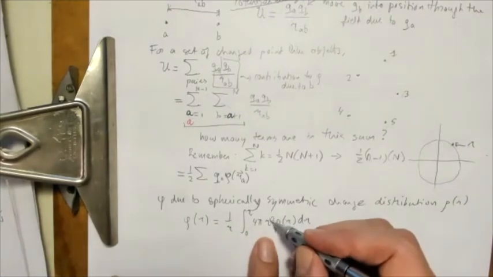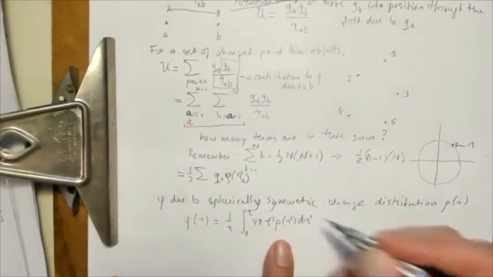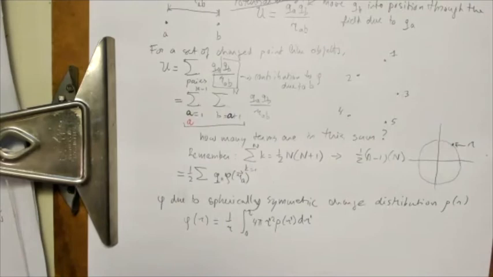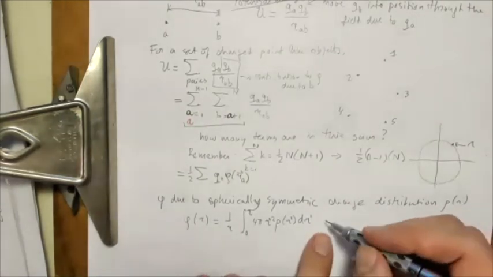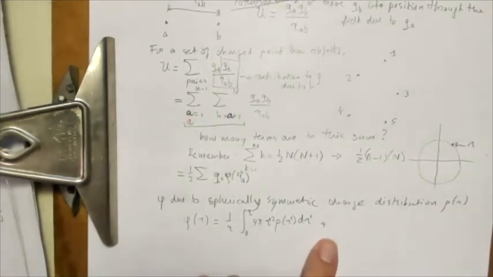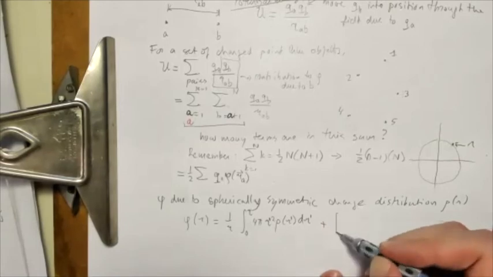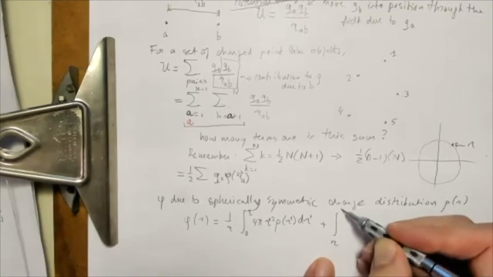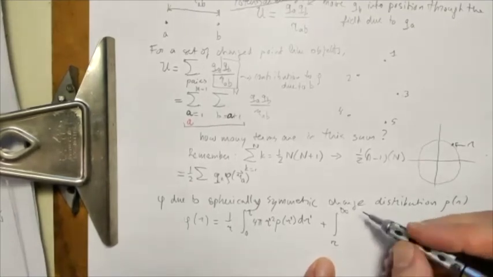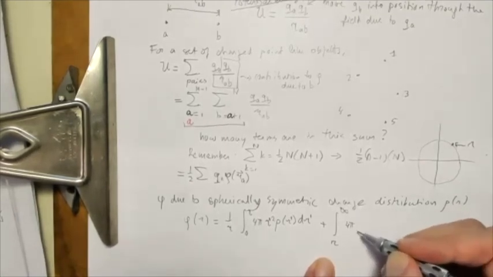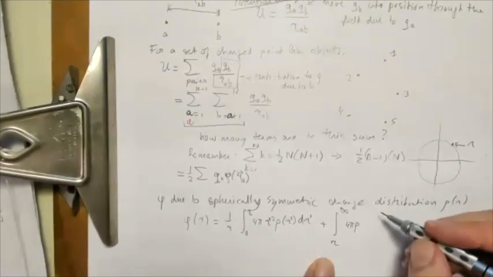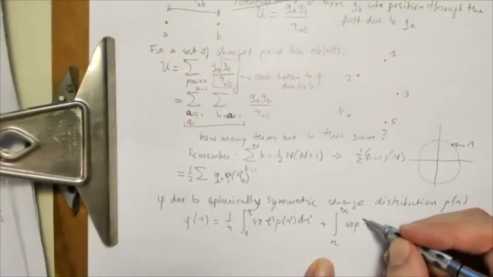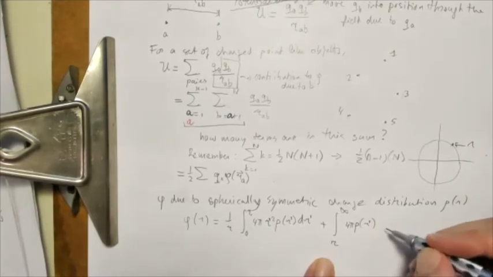Let me put a prime here. There's a prime here. There's a prime here. And there's a prime there. Okay, so that's all the stuff that's on the inside. And then we also have the stuff that's on the outside. So this is from r to infinity, 4 pi rho, and that's also a function of r prime.